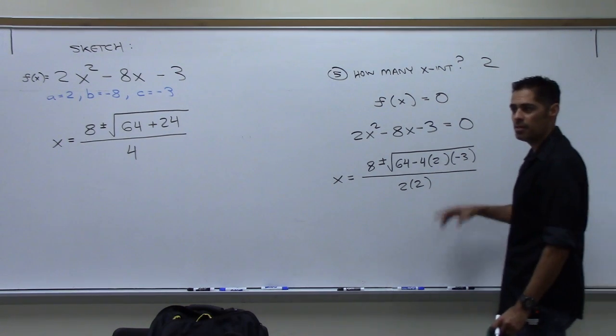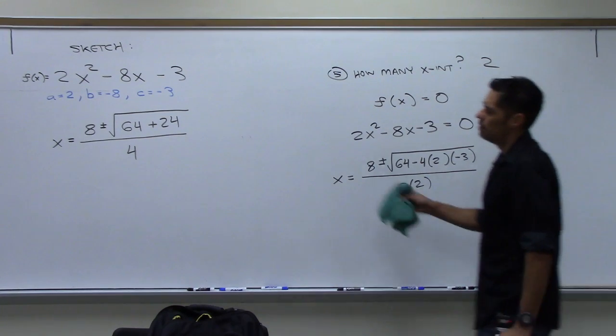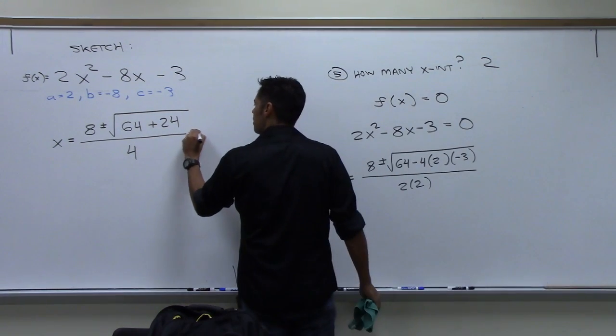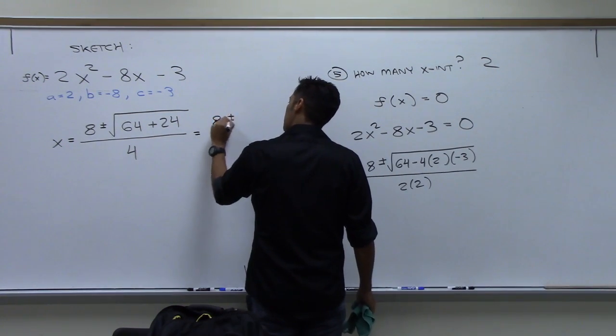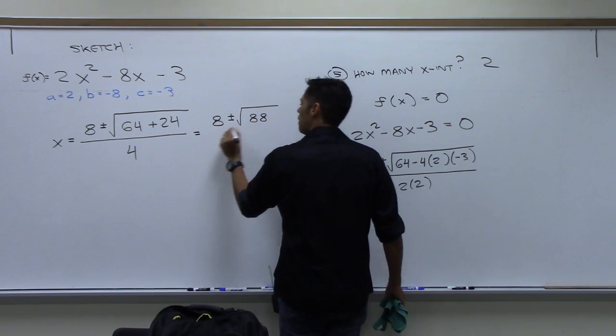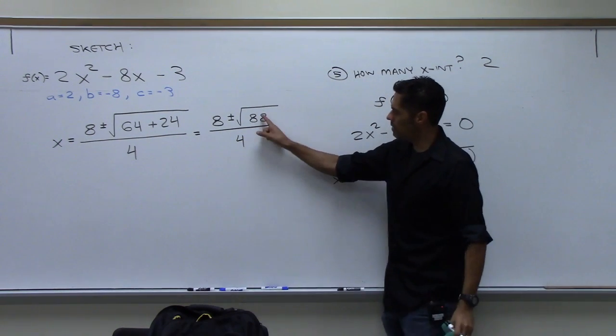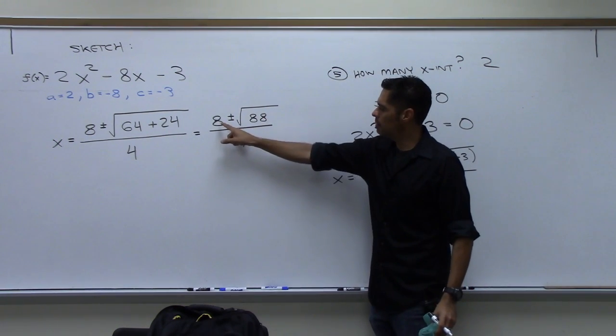If it's an odd number, it's negative. All right, now this is 8 plus or minus square root of 88 over 4.